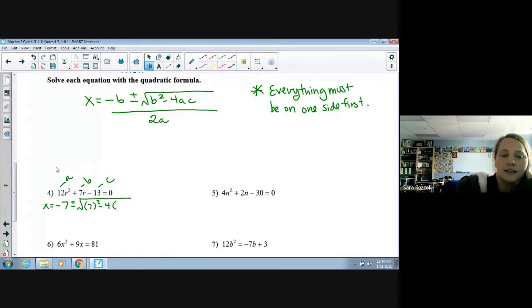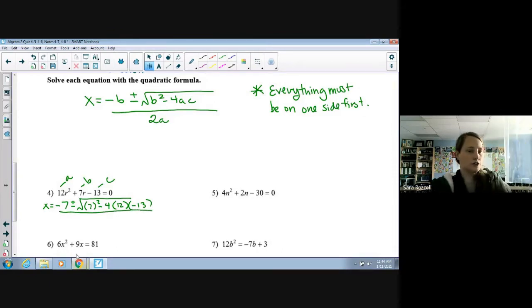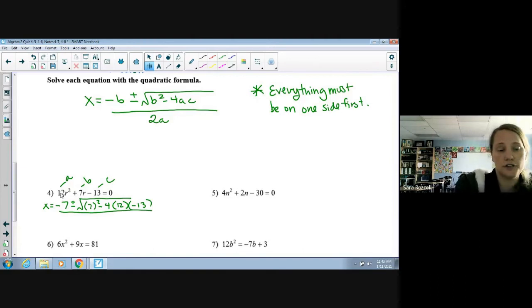Our A is 12. Our C is negative 13. Then it goes all over 2A. So all over 2 times 12.